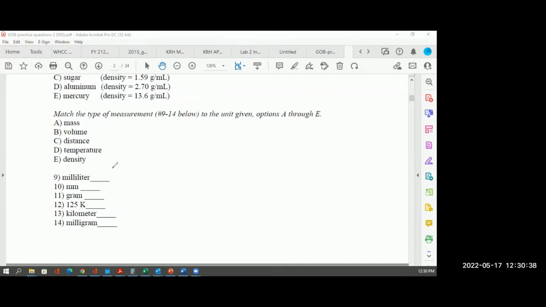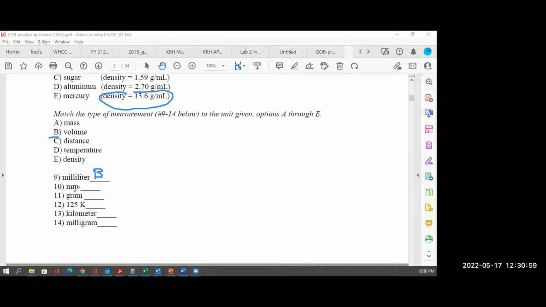Density? So it'd be volume, no? It's going to be volume. That's right. We just talked about density. What are the units for density? It says it up here. Again, use the answers that are already given to you on the exam to help you through it, right? So we know that that's going to be volume. So that's B.